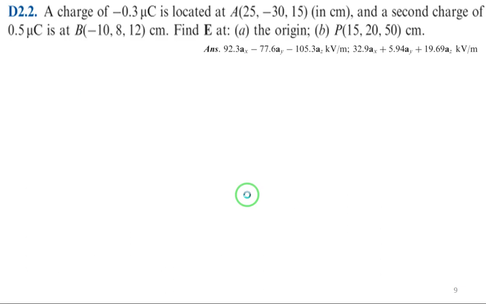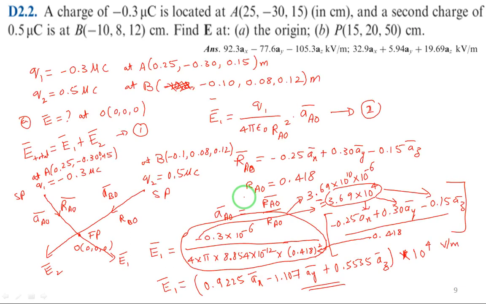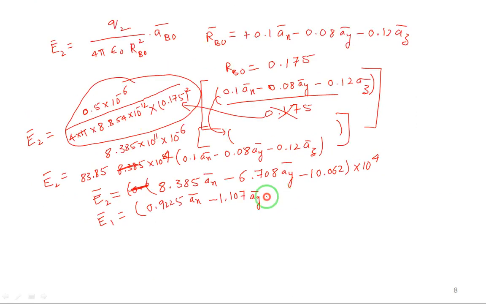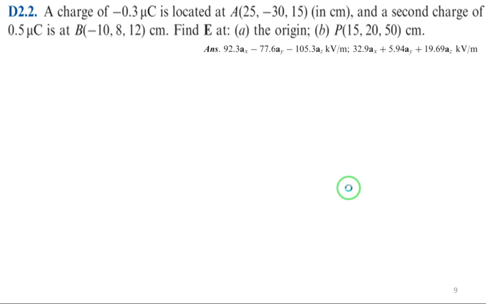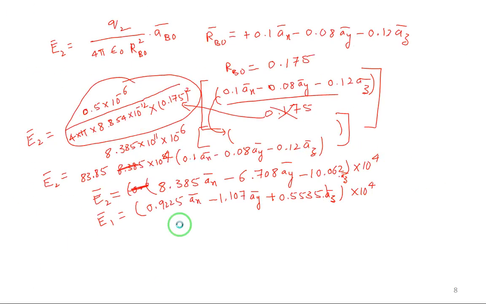Let me see the third term, plus 0.5535. I had to write AZ here also, I missed AZ. Here is also AZ into 10 power 4. Let me check whether it is positive or negative. 0.5535. Yes, it is positive.